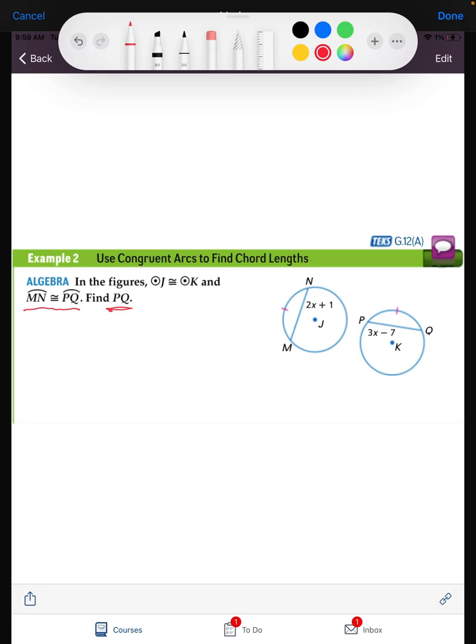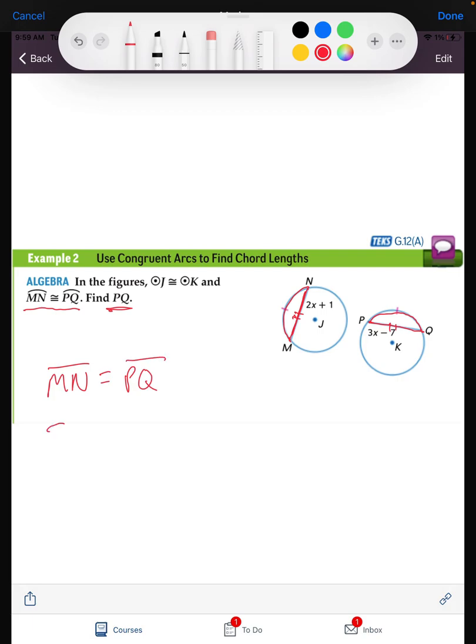If our arcs are equal in congruent circles, or in the same circle, then we know that the corresponding chords are going to be equal. So we know the chord MN equals the chord PQ.